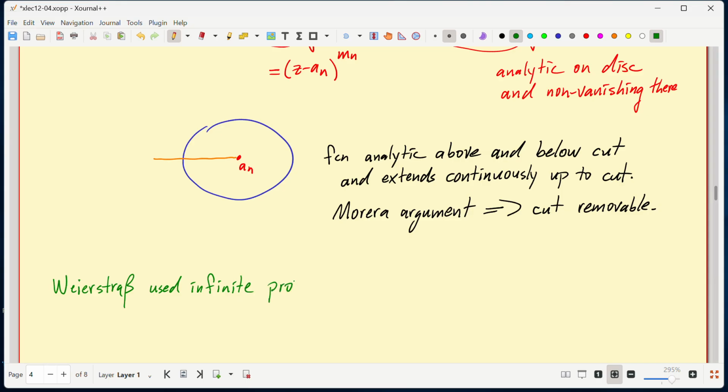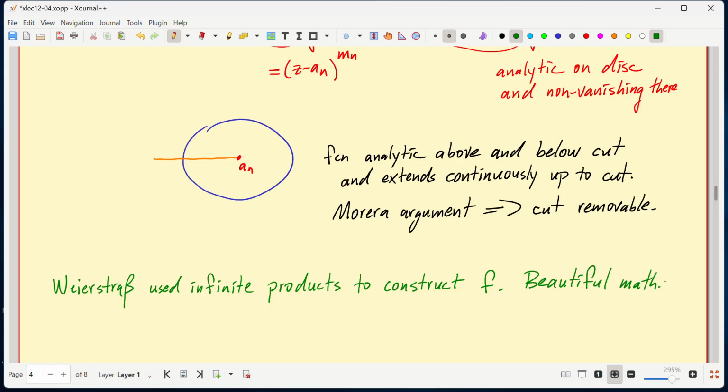There are things called Weierstrass polynomials that he used that were very clever. It's beautiful math, and very useful if you're going to do number theory and that kind of thing.